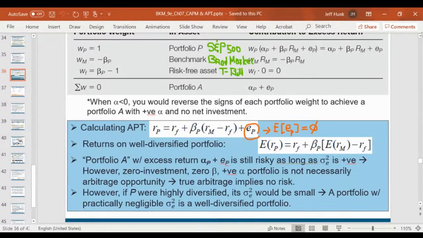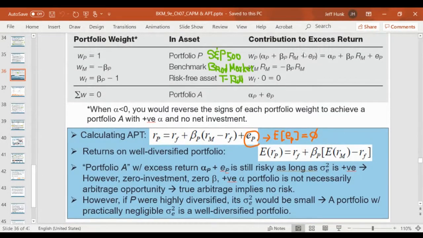So the weight contribution to excess return will be one, because you put 100% into the S&P 500. That one will exactly be 1 times alpha plus beta times the benchmark excess return, and so on, plus the residual.